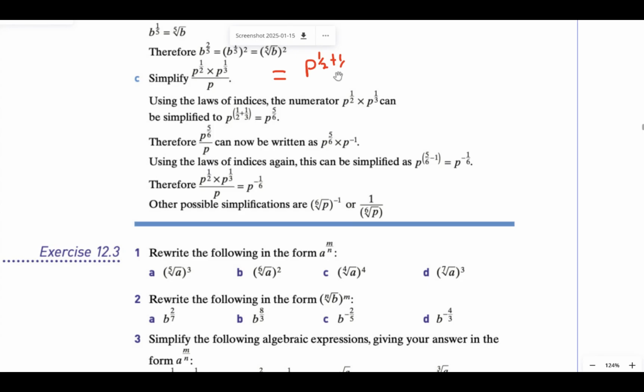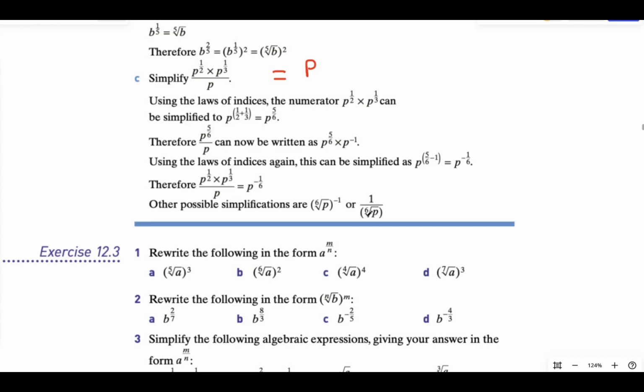Anyway, it's laggy, but let me just explain from here. If you add this and this, you get p raised to the power 5 over 6 divided by p. That would be p raised to the power 5 over 6 minus 1, because p means p raised to the power 1. So we're going to have 5 over 6 minus 1. That will give us negative 1 over 6.